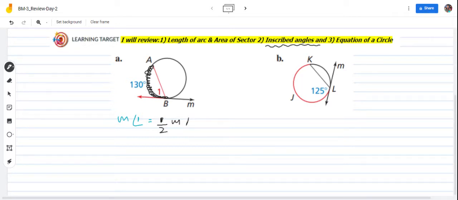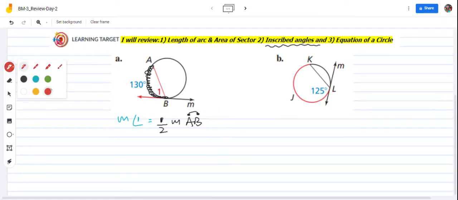So here AB. Now just plug in these values. Please remember that this value, which is 130, should go here. You have to input the right values.